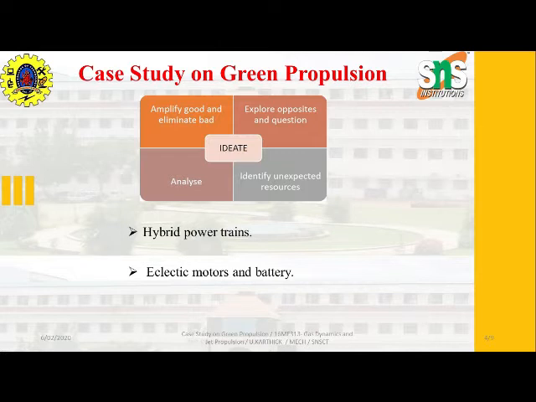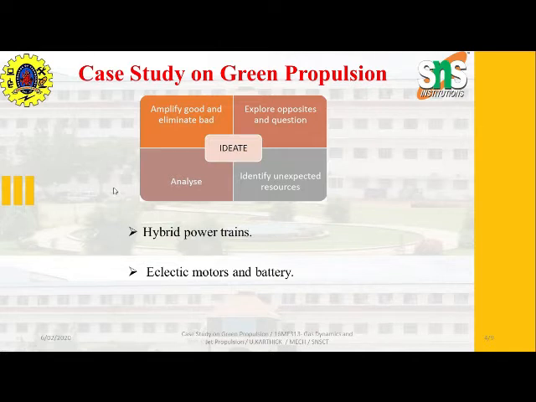Hybrid consists of two energies: one is fossil fuel as well as electrical energy. So by having more than one energy source to propel the vehicle, that is called hybrid. That is one possibility. Another possibility is electric motors and batteries, right?